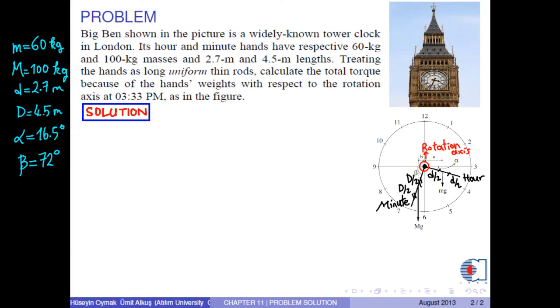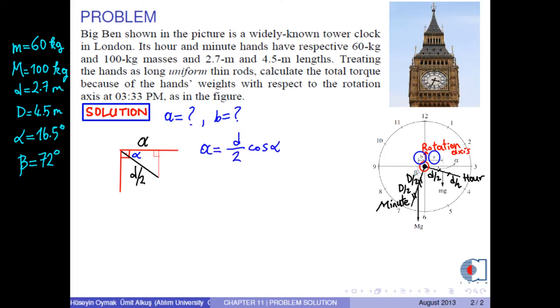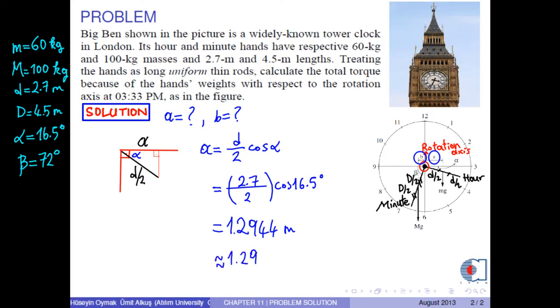Now let us find A and B. According to the configuration for the hour hand, we have A equals d over 2 cosine alpha. We put the numerical values into this equation. Thus we obtain A as 1.2944 meters, or approximately in 3 digits we have 1.29 meters.